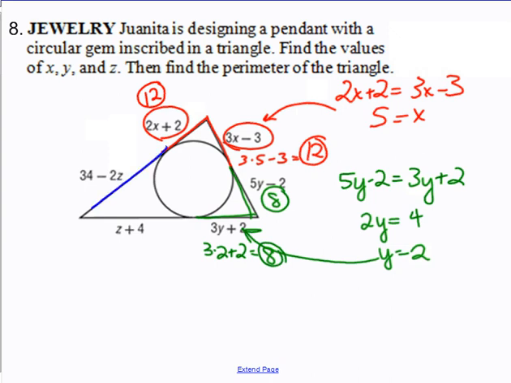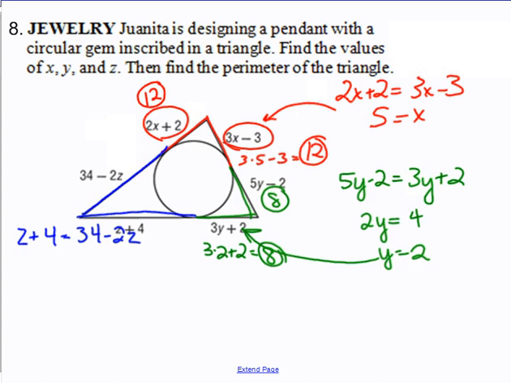Let's do Z. Okay. Z plus 4 equals 34 minus 2Z. Whoops. All right.